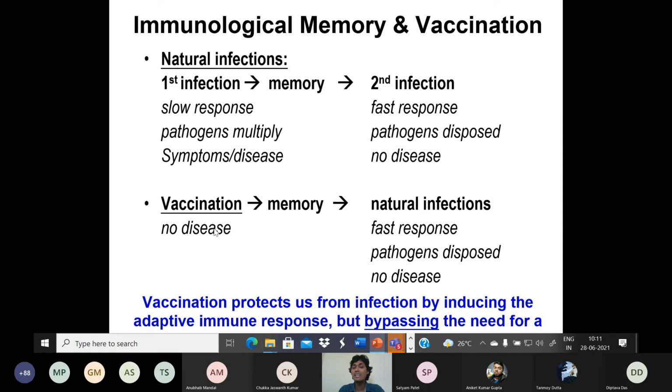Rather, it will only teach our immune system how to make the weapon, and the memory cells will be there. In future when natural infection happens, similarly it will respond very fast, the pathogen will be disposed of and no disease will be there. So this way vaccination works, right?